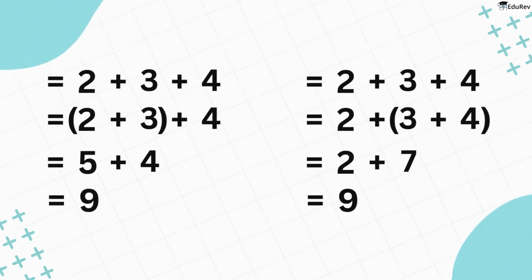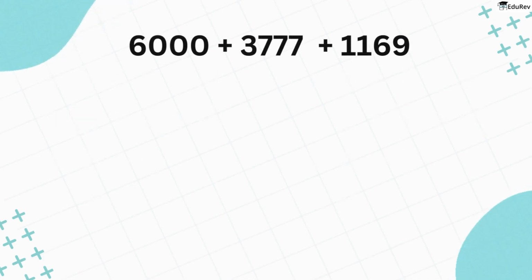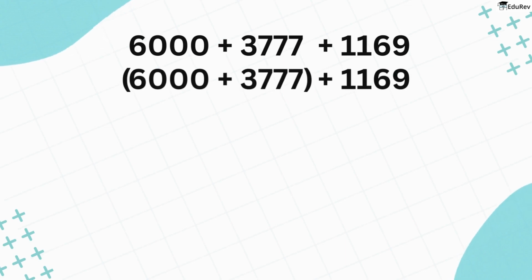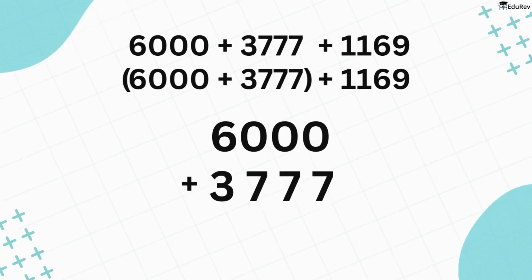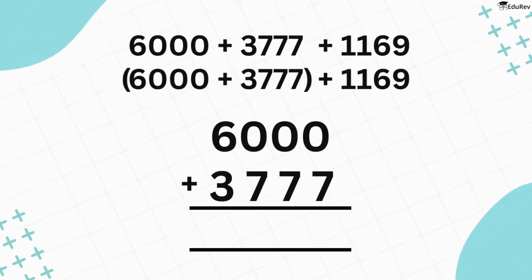Let us now add 6,000, 3,777 and 1,169. To add these numbers, we first group the first 2 addends. So we will first add 6,000 and 3,777. Solving 6,000 plus 3,777.